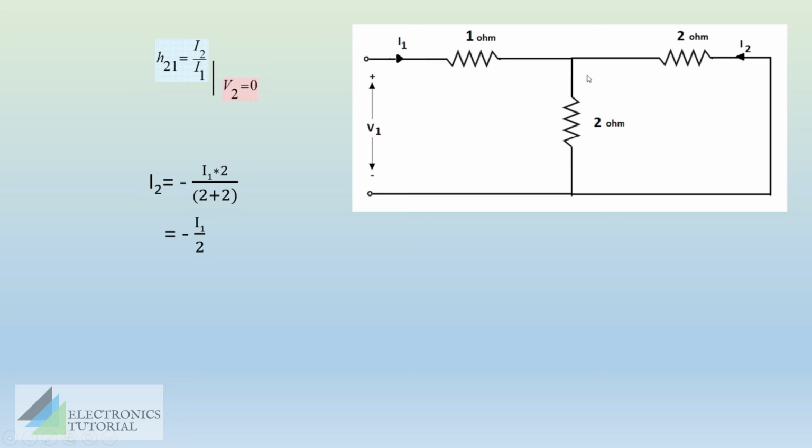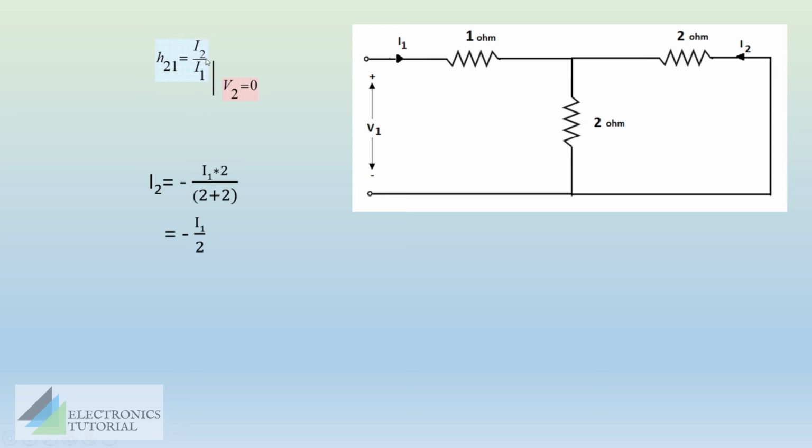The other branch is 2 ohm, divided by total resistance 2 plus 2. The total resistance includes those in the two branches. So the relation is I1 into 2 by 2 plus 2, and we'll have a negative sign here just because of the reverse current direction seen here. I1 and I2 act in opposite directions. It gets simplified as minus I1 by 2.